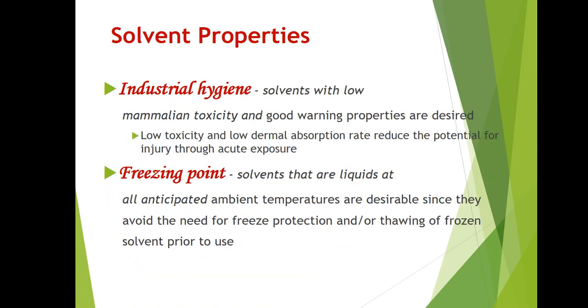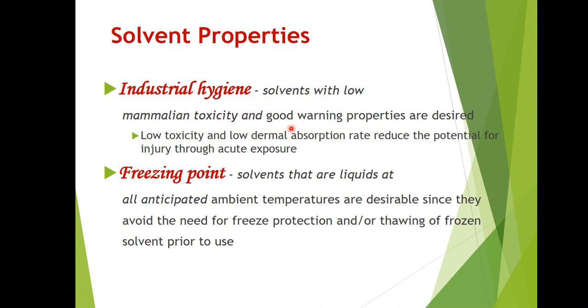Now, industrial hygiene: solvents with low mammalian toxicity and good warning properties are desired. So it should not be toxic to us living creatures. So that has something to do with mammalian toxicity. Now, good warning properties have something to do with an indicative property of the solvent to tell you that something is really wrong. So probably in terms of its color, it will change, or in terms of the texture, or in terms of the scent, the smell.